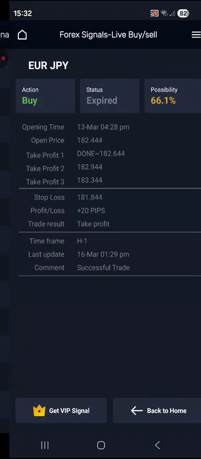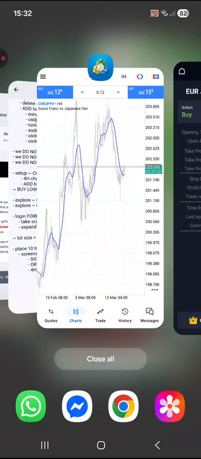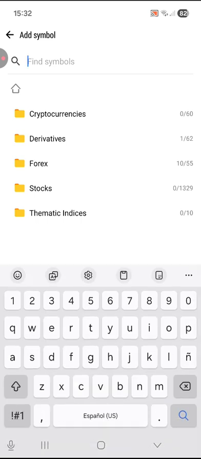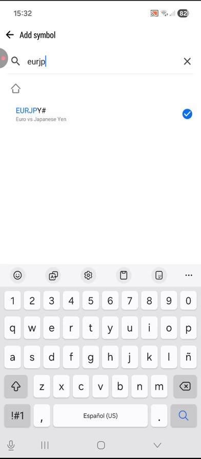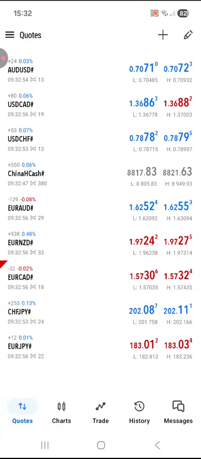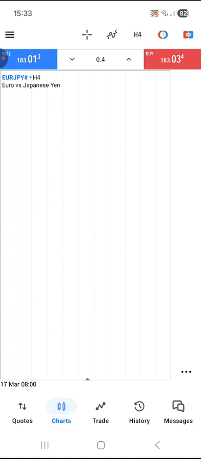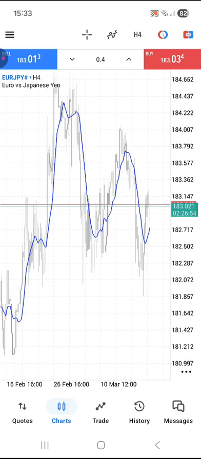Okay, the next one, EuroJPY, buy. Let's try that one. EuroJPY. Adding all these currency pairs. Okay, EuroJPY, also not a good buy.